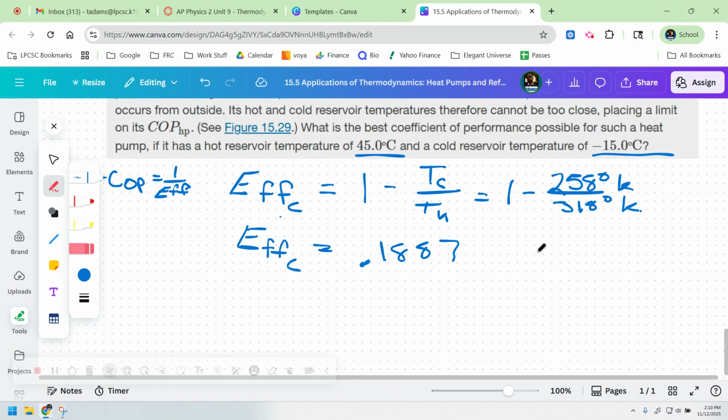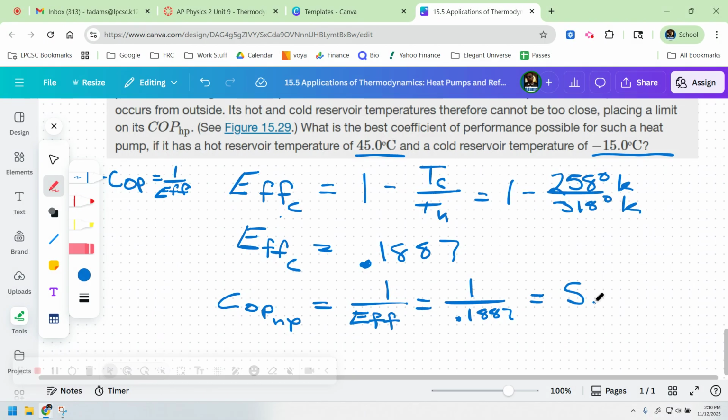So then my coefficient of performance for my heat pump is just going to be 1 over the efficiency, or 1 divided by 0.1887, or 5.3.